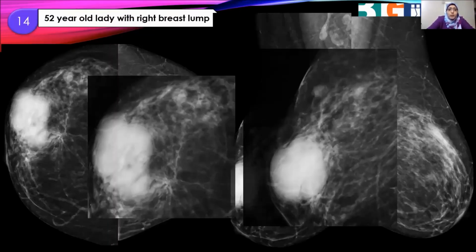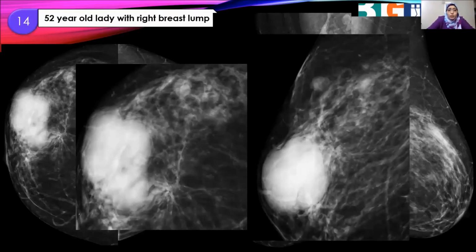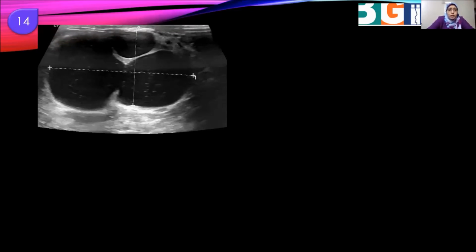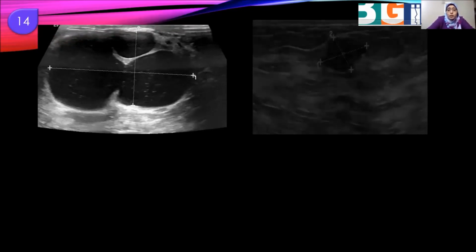This is another lady coming with a right breast lump. Here, the area of clinical concern was apparent with a large intermediate dense lesion and another lesion seen posteriorly. We also found a focus of architecture distortion. On the ultrasound, the lesion of concern was a complicated cystic lesion with turbid contents within.